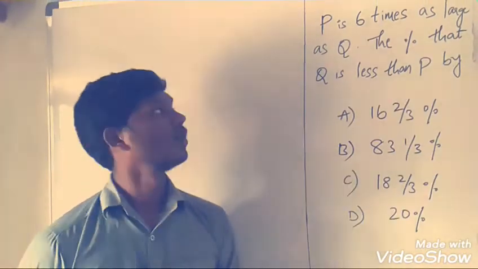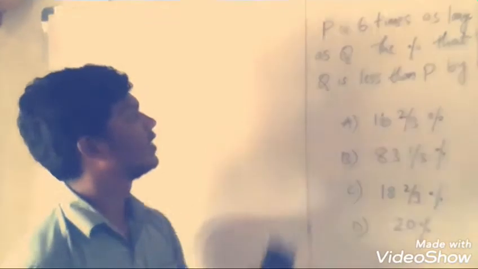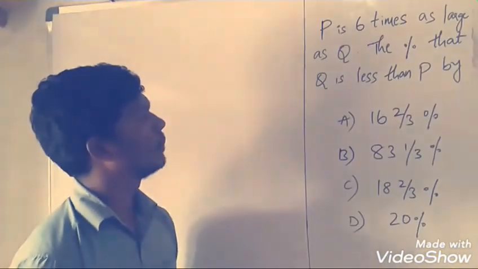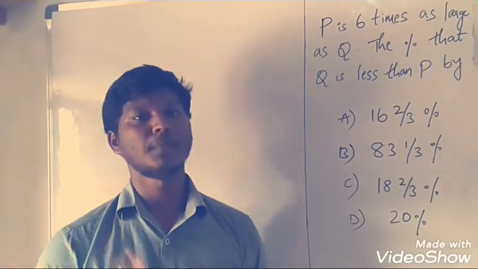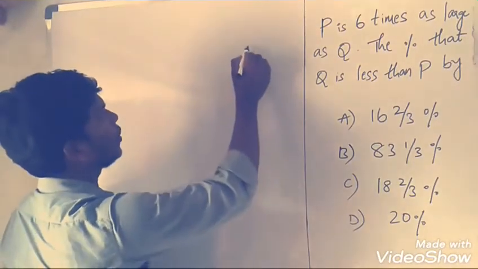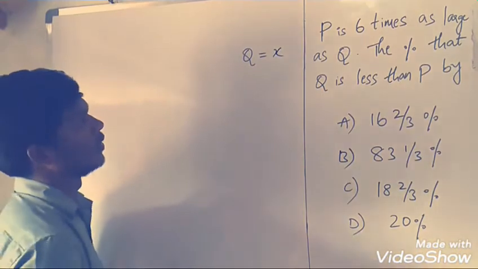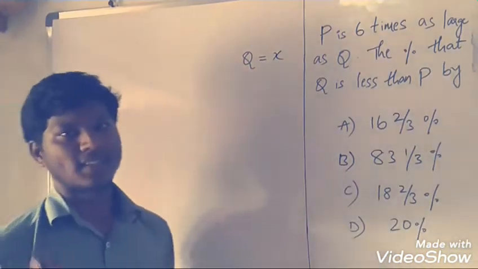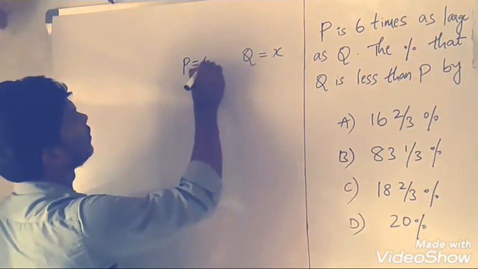Problem number 4. P is 6 times as large as Q. The percentage that Q is less than P by. See friends, here it is talking about two things. One is P and the other is Q. And we don't know the value of Q. So let us take Q is equals to X. So he is saying that P is 6 times Q. That means P is equals to 6Q.